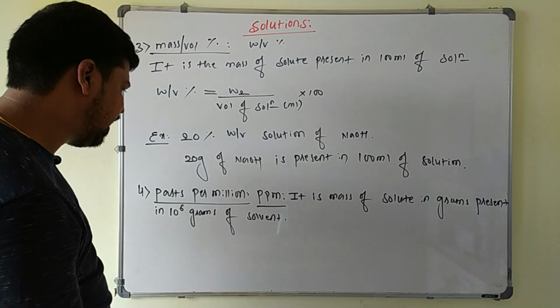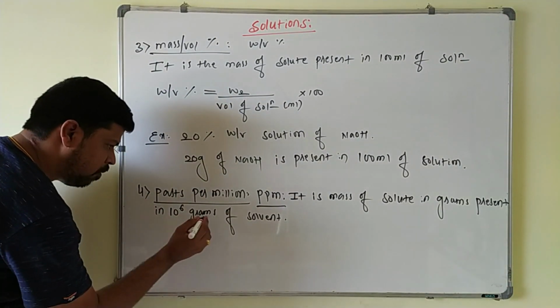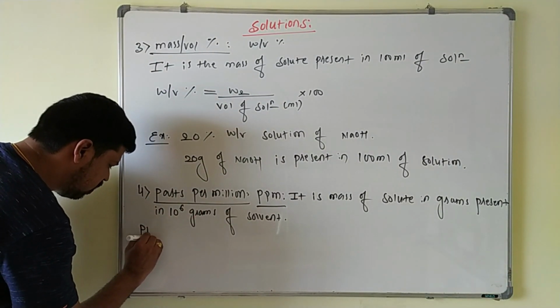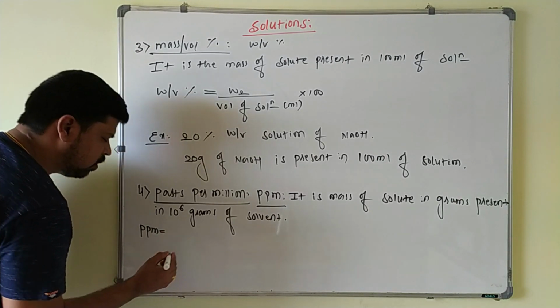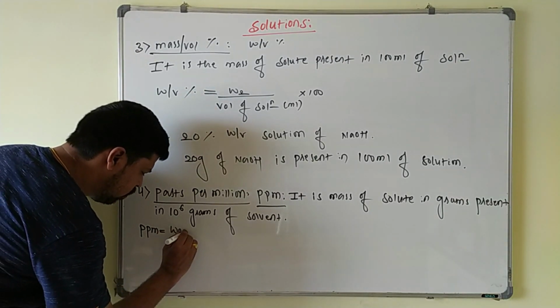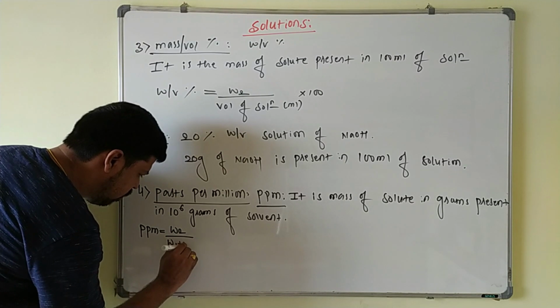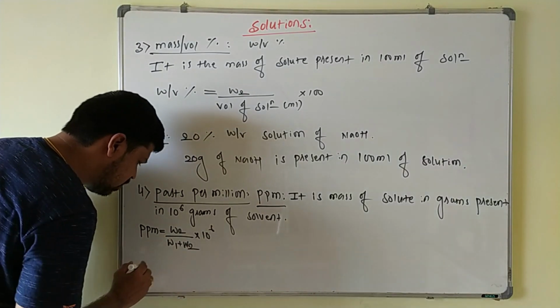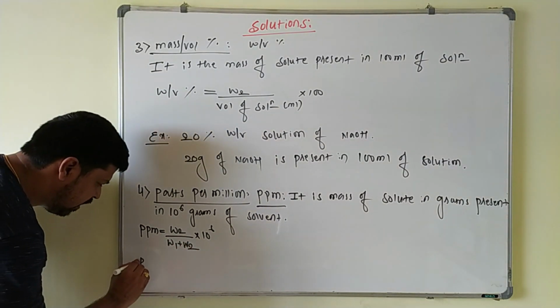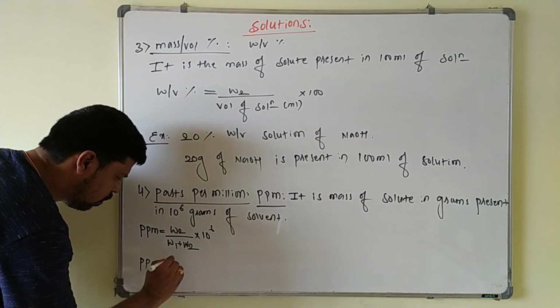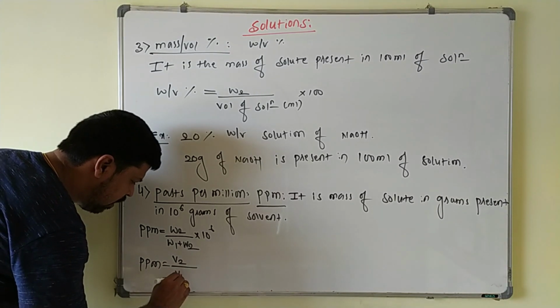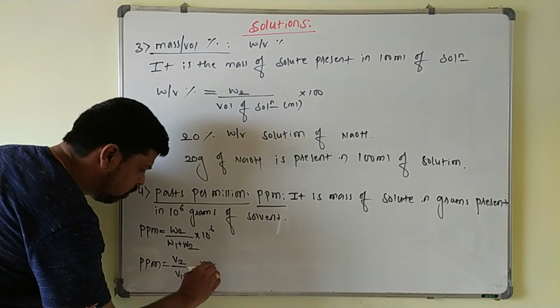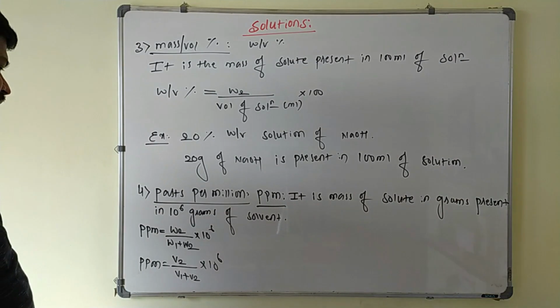So for this one you can write example, that the formula will write first one. So the parts per million will be is equal to, that is W2 divided by W1 plus W2 into 10 power 6, or else in terms of volume also you can write this ppm is equal to V2 divided by V1 plus V2 into 10 power 6 it is.